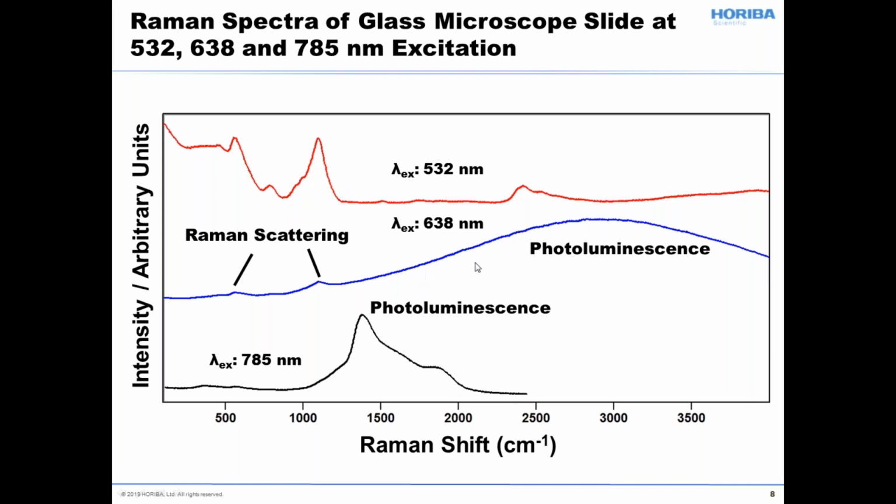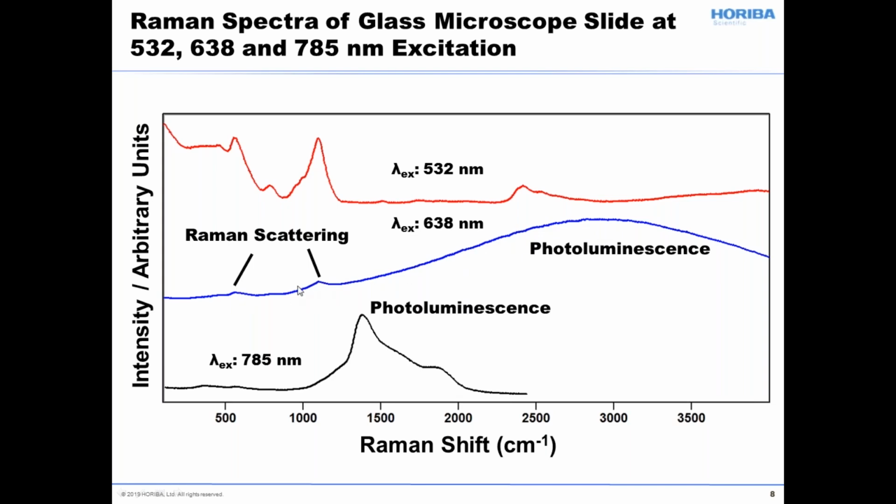Great. But if we go to 638 nanometer excitation, now we're starting to get a lot of photoluminescence, which we've excited. So in this case, it's working the opposite for us. We go to longer excitation wavelength, and because of the nature of glass, we get more photoluminescence as we go to redder wavelengths, just the opposite of what we were seeing with the polystyrene.